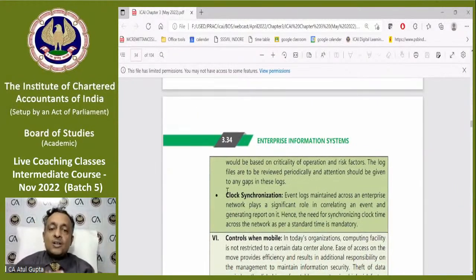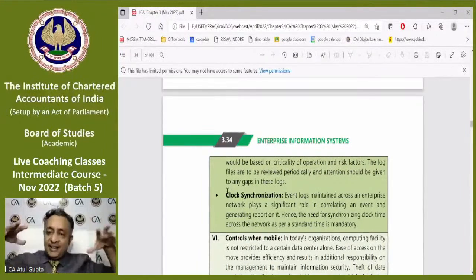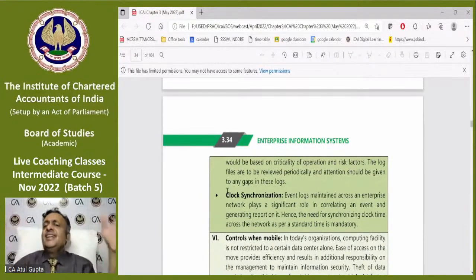Next is clock synchronization. This is very, very important. Event logs maintained across the enterprise network play a significant role in correlating events and generating reports. Hence, synchronizing clock time across the network as per standard time is mandatory. Please understand, a company like Tata or Infosys, these are Indian MNCs.